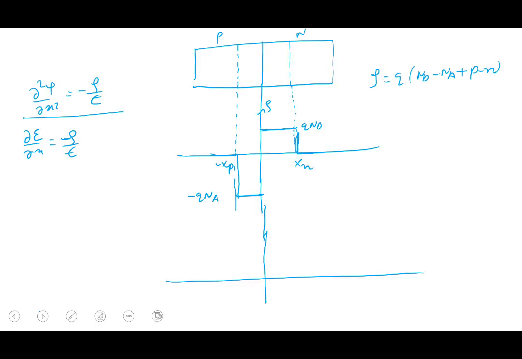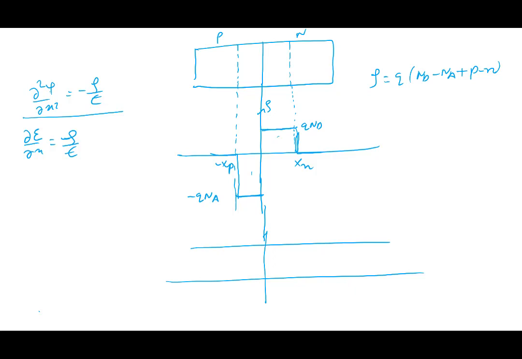What I would like you to do is, you can solve this equation mathematically, or you can solve it graphically. Why? Because note, how do you get electric field? You have to integrate the rho. To get electric field, all you need to do is integrate, and it's a square here and a square here, just integrate. And how do you get potential then? You integrate the electric field.